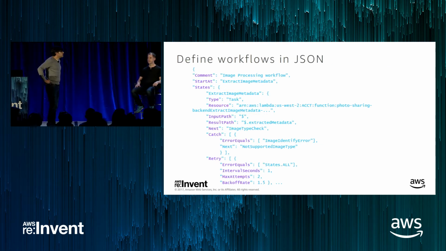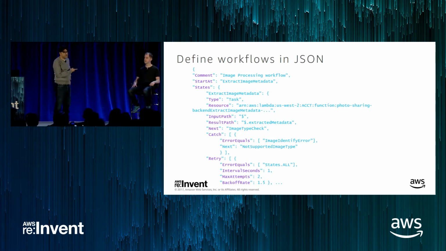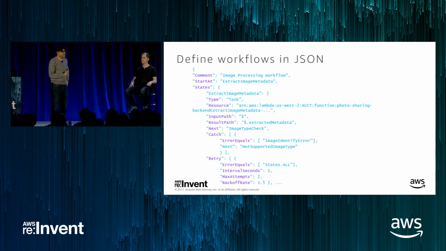Now, you declare workflows in JSON using what we call Amazon States Language. It's declarative, and this is what that previous workflow looks like in ASL. You can see that it starts at the first state, which in this case was extract image metadata, and each state is connected by a field that says Next. So literally, state, Next, Next. In each state, you can put Retry and Catch clauses.